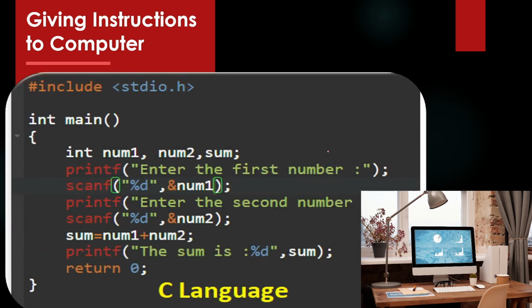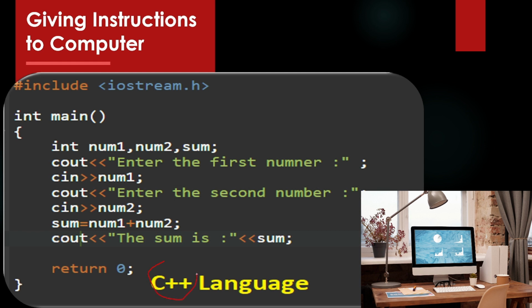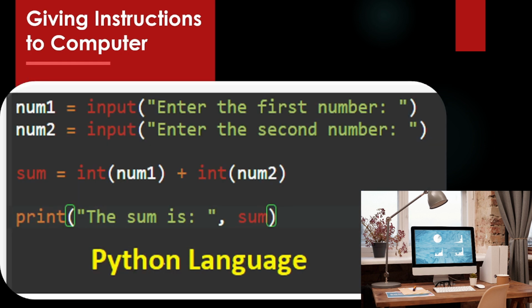You can see here I am giving two numbers and telling it to process them. This is code written in the C language. You see that these are English-like statements, and the same thing I am doing in C++, and again the same thing in Python.